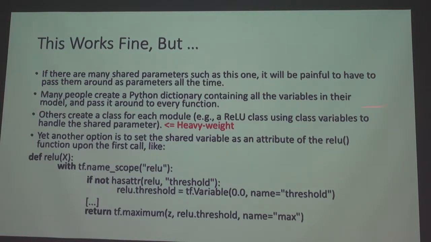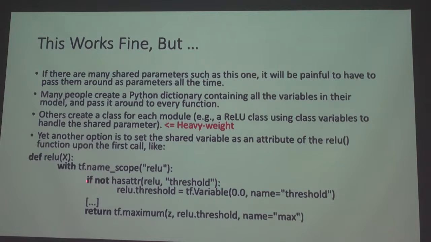So another option is to set the shared variable as an attribute of the real function upon first call, something like this. We define the real function, this is the function definition, under the main scope.